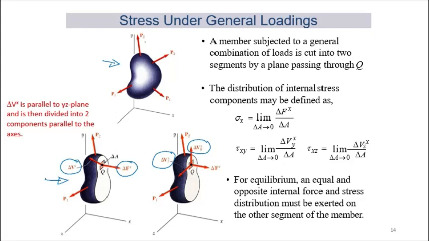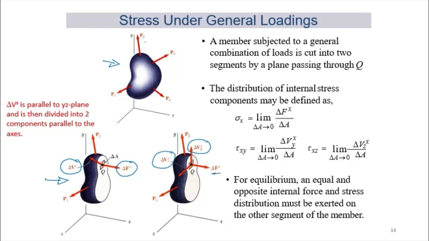So we have 2 components for delta V. So in this case now, we have 3 components of the internal loadings, and they are all in the axial direction, or we call it the primary direction, right? And from these internal forces, then we can find the stresses.